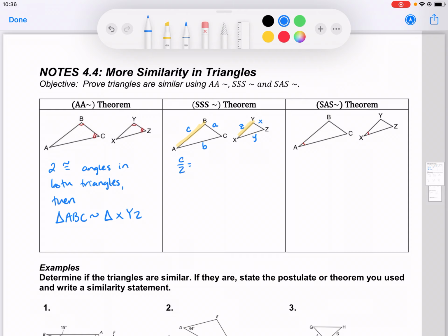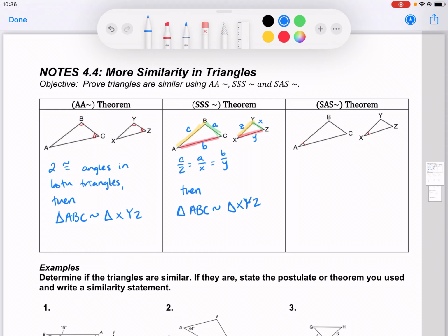So that, if that's equal to, and we'll do the corresponding side over here of a over x, and then that's equal to b over y. So if all of these end up being equal, then triangle ABC is similar to triangle XYZ.